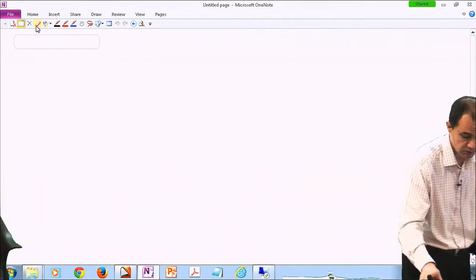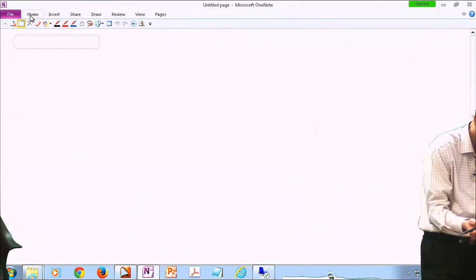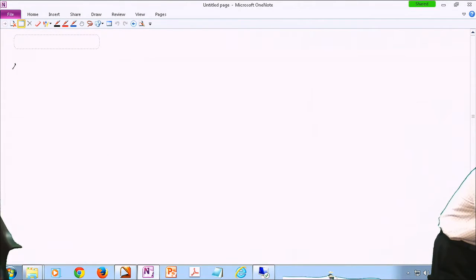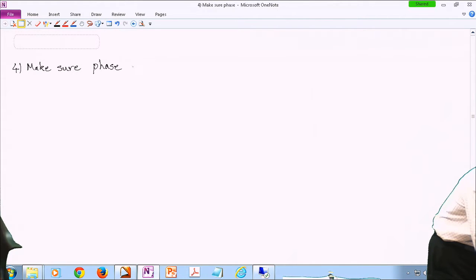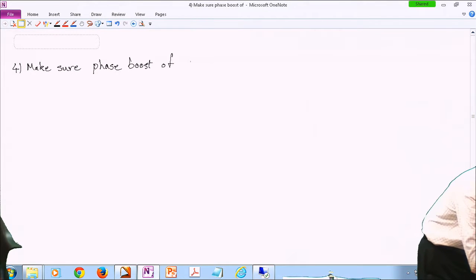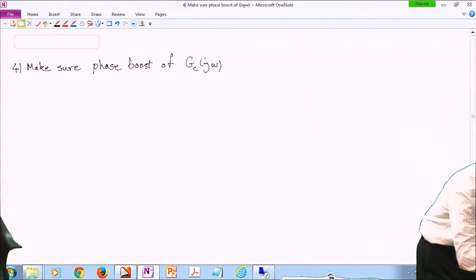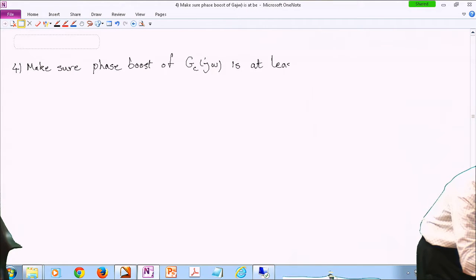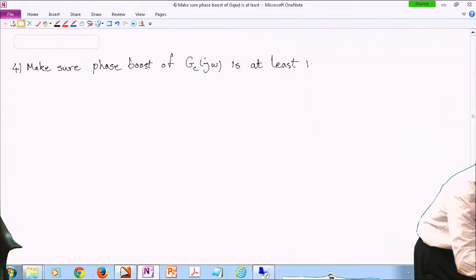Our zeros and poles in the compensation network shouldn't be too close to each other. So step 4, or 135.